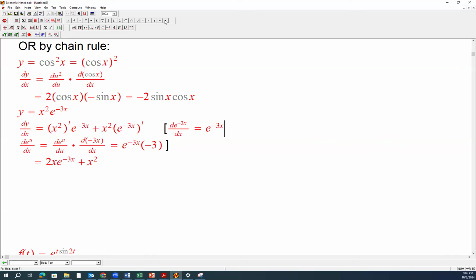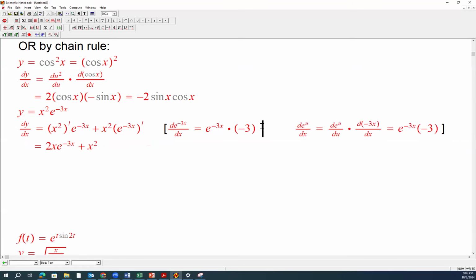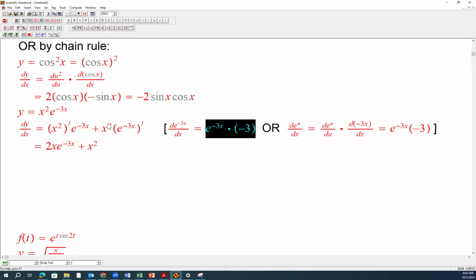And then you differentiate that something, which is negative 3. So either way, you get that differentiated. So this part equals that.